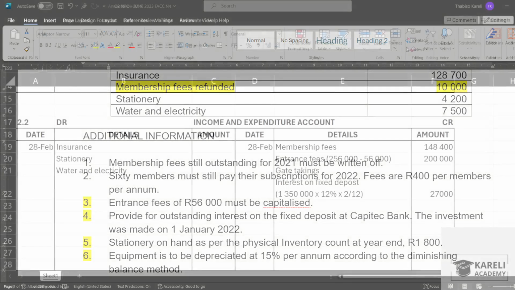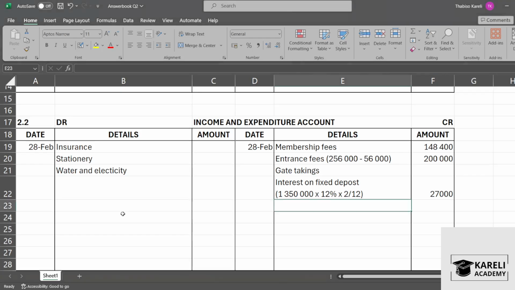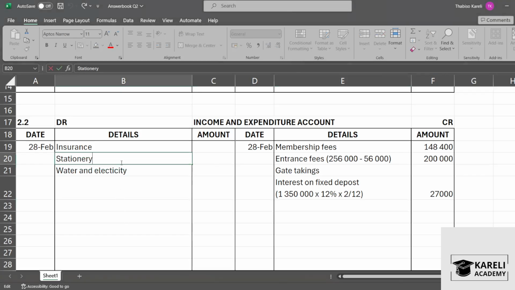On our answer sheet, debit side, we have stationery. 4.2 minus 1.8 is 2,400. Do you see that?